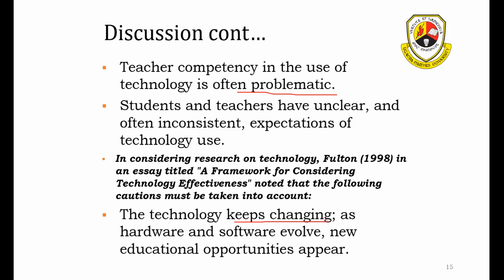Next important thing is that technology keeps changing. There's always new technology, and always better. And each new technology comes with new software and hardware specifications. So that is a key point to notice. Right now you're using Microsoft Edge. Before there was Explorer, now there's Microsoft Edge.